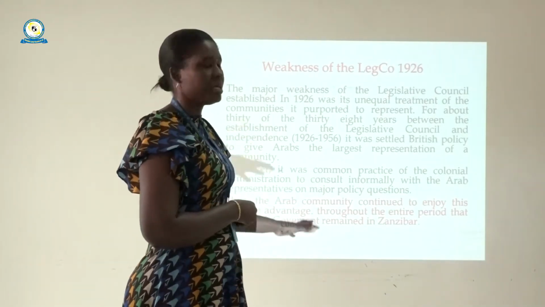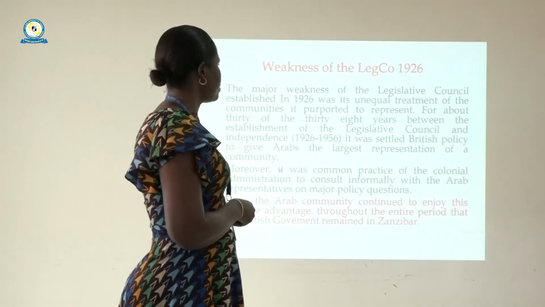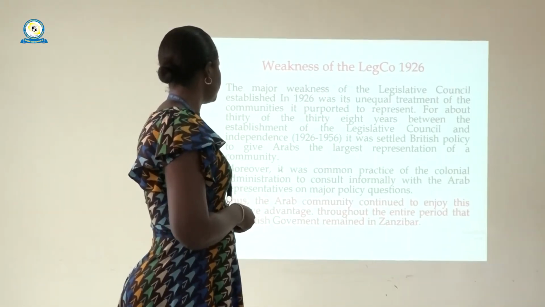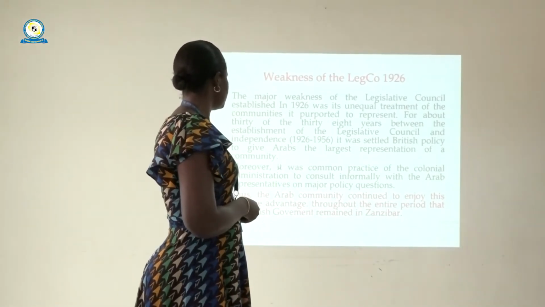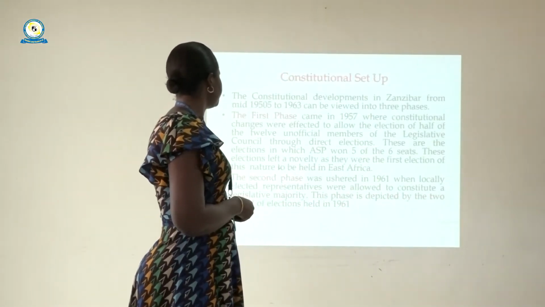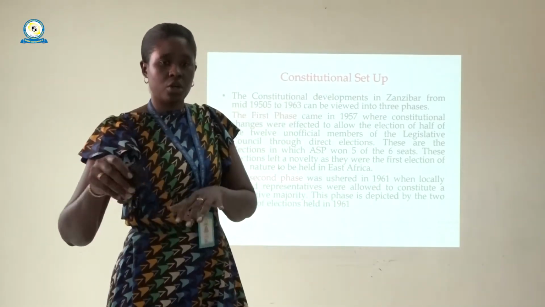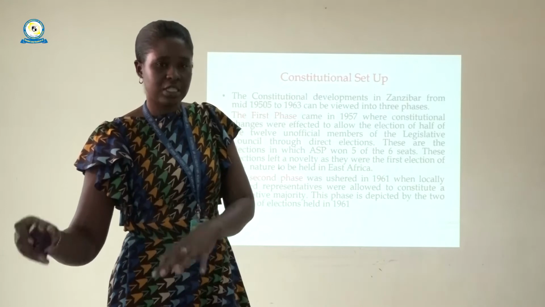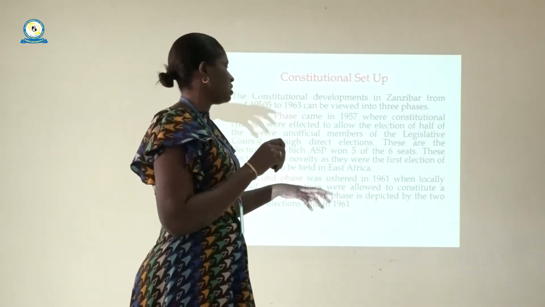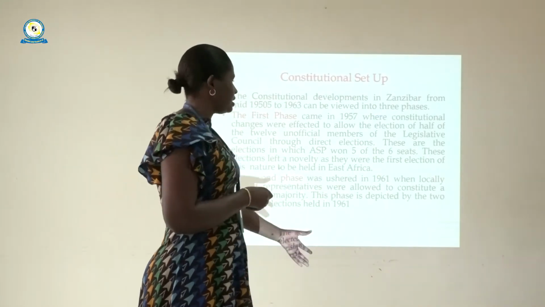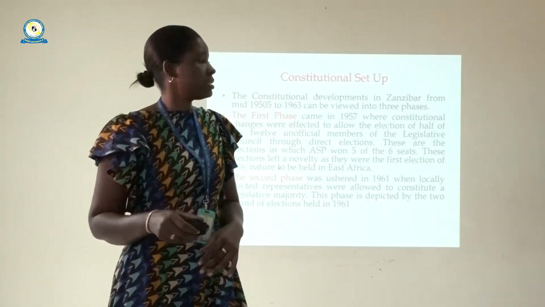So this was the major weakness of this particular council. Unequal treatment, I would say, between the native citizens vis-a-vis the Arabs or the Europeans, the non-indigenous and the indigenous people.